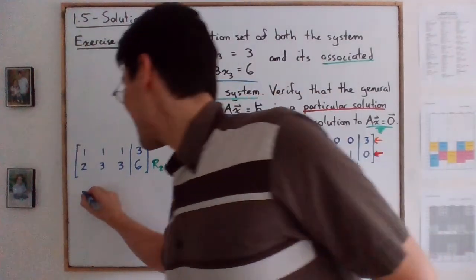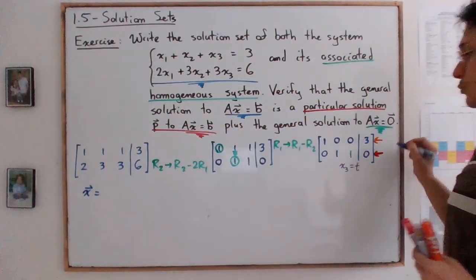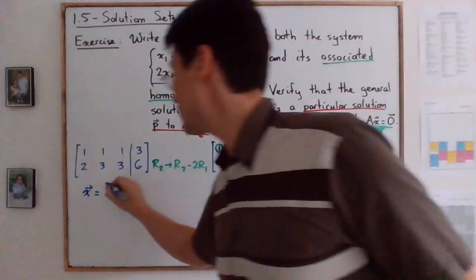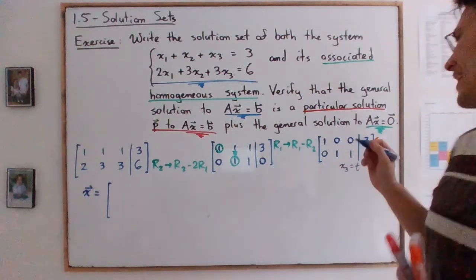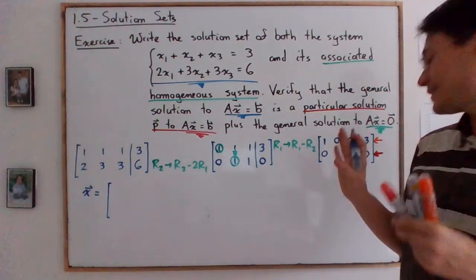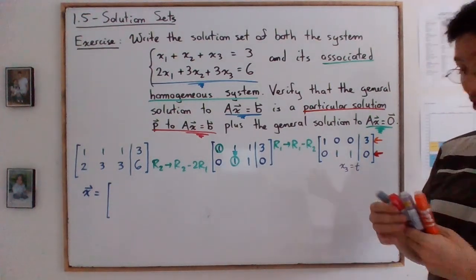So let's write directly the vector x. And here we can go rather fast. I'm going to give you a tip. We will go fast enough, but eventually you can even skip the step that I'm going to do.